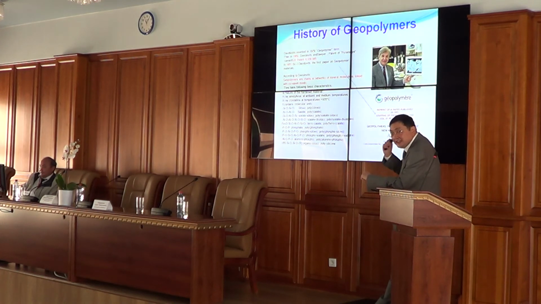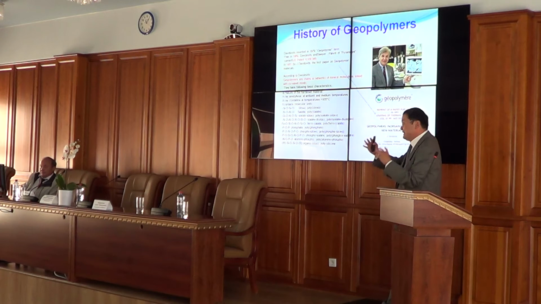He suggested that aluminum silicate from natural raw materials, metakaolin or fly ashes, can be used to make a very strong concrete or cement substitute. He used the term geopolymer because aluminum silicate forms polymers with many units in long chains. It's a kind of polymer, and we call this an inorganic polymer or geopolymer.